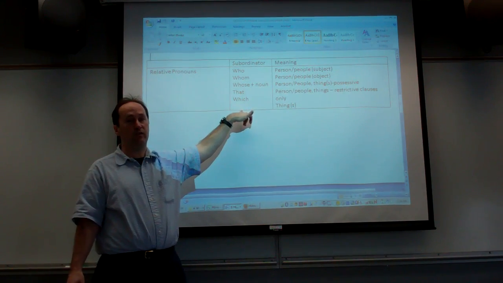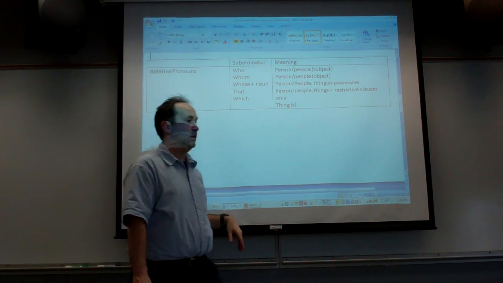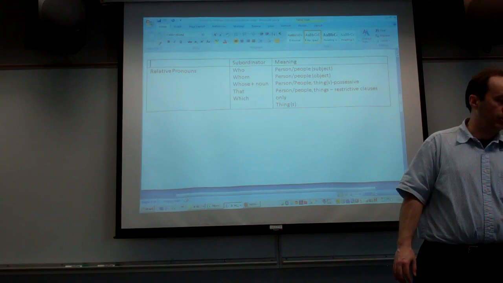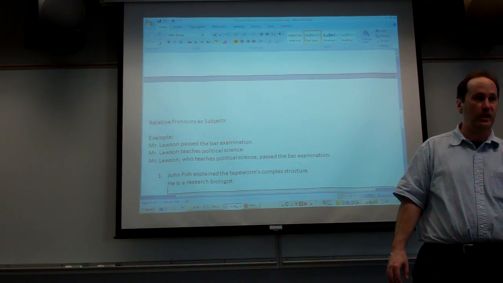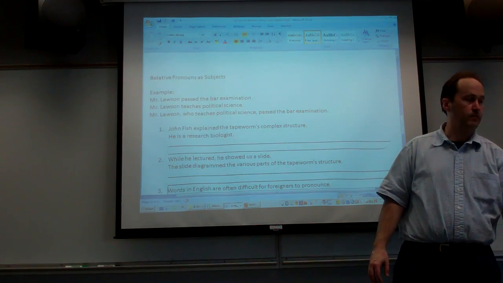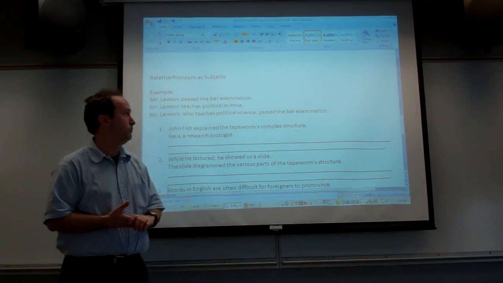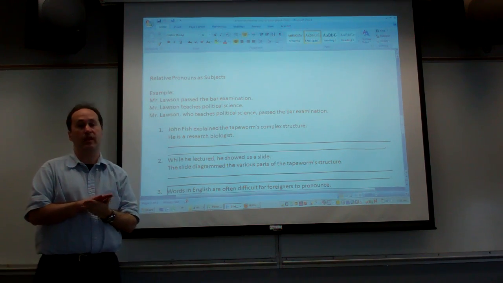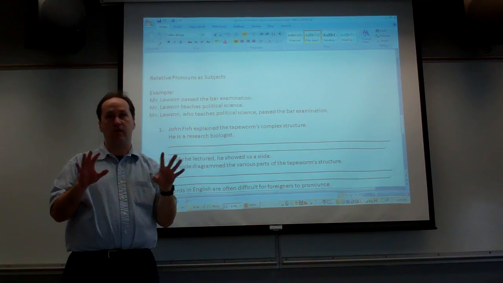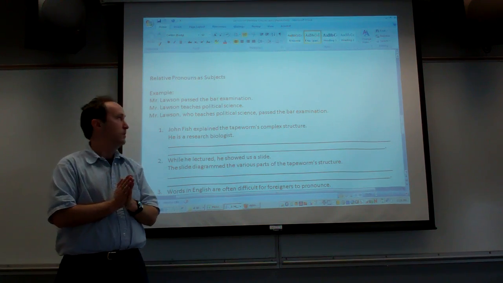Which is only used for things. Now, let's talk about how we put these and make them into a sentence. This is going to be on relative pronouns as subjects. We probably won't get any further than that this period.